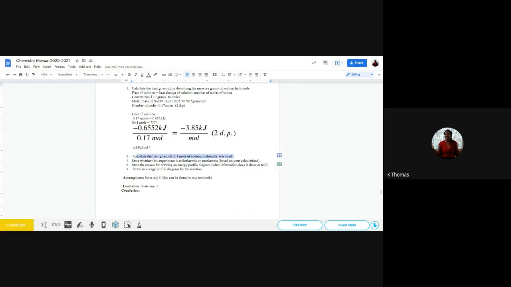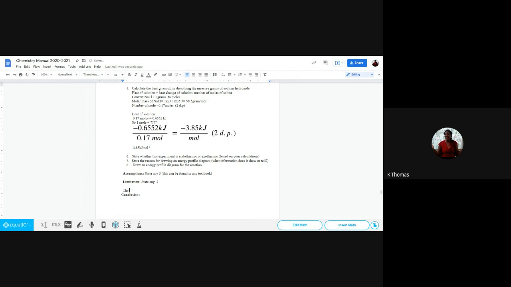So actually this question right here is redundant. I calculated the heat of solution. Is my reaction endothermic or exothermic? I'm going to leave you guys to do your readings, and you can tell me next class whether you believe my reaction was exothermic or endothermic. Did I encounter any problems while doing this lab? Yes.